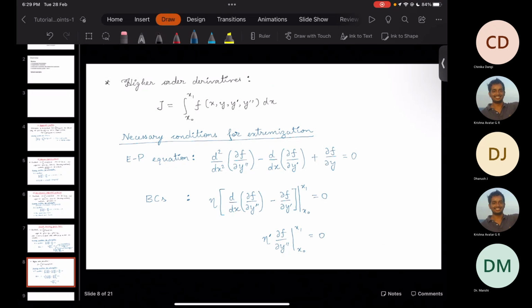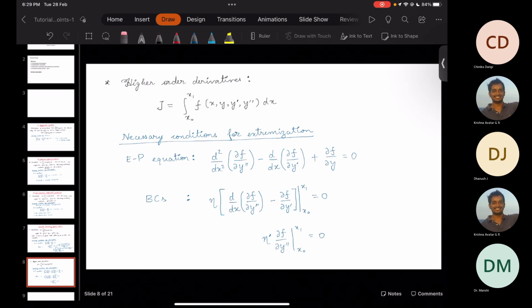In this case, the necessary condition for extremization is the Euler-Poisson equation, which is given by the second derivative with respect to x of the partial derivative of f with respect to y double prime, minus the first derivative with respect to x of the partial derivative of f with respect to y prime, plus dou f by dou y, is equal to 0.